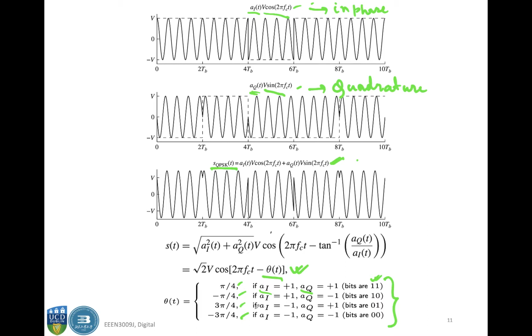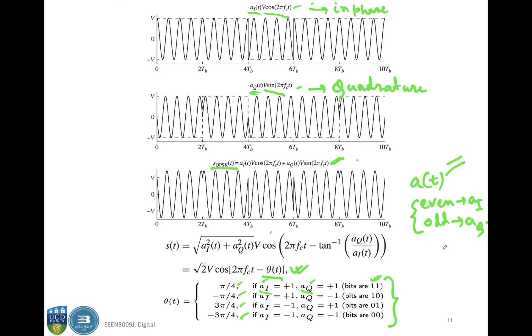So this AI and AQ, these are the bits of the original symbol AT, right? So if you are taking the even bits as AI, and you are taking the odd bits as AQ.